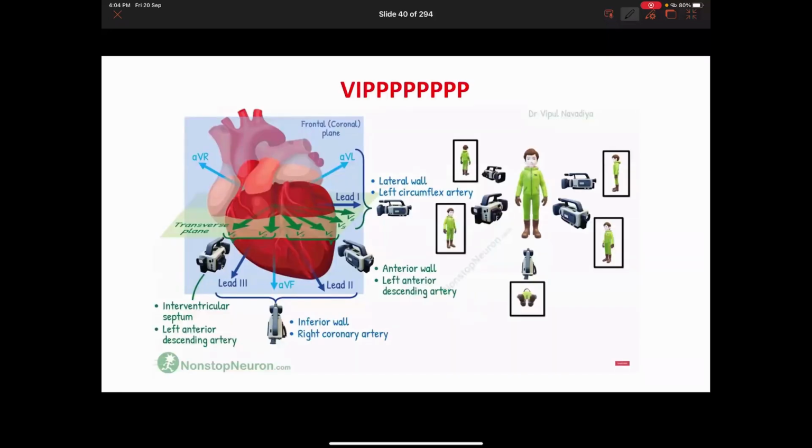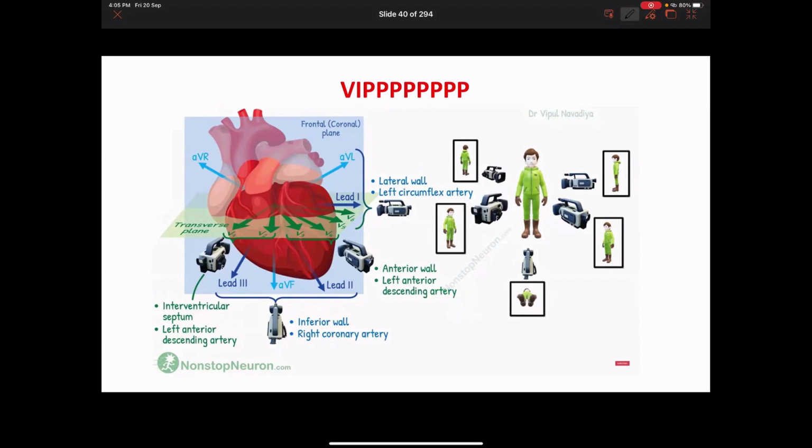Okay, I can tell you that yes, you can, and this is very, very important. You need to memorize this like the back of your hand. Basically, all the different leads are attached and they can read from all different sides of the heart.